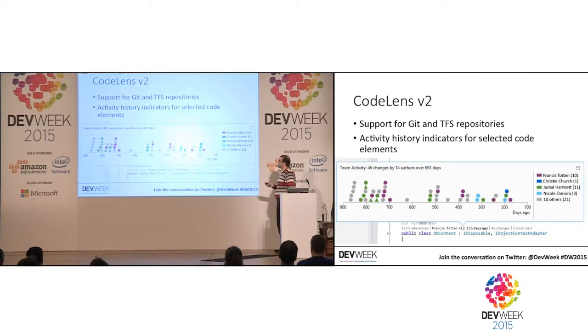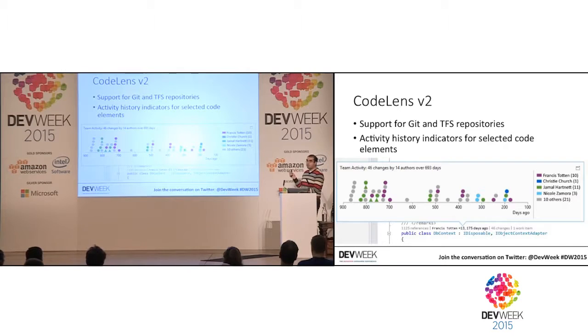And some of the things that Code Lens can tell you are how many references this method or class has, what was the most recent change to that code element, how many changes overall, what bugs does it have open against it, and even passing and failing tests against that particular code element.